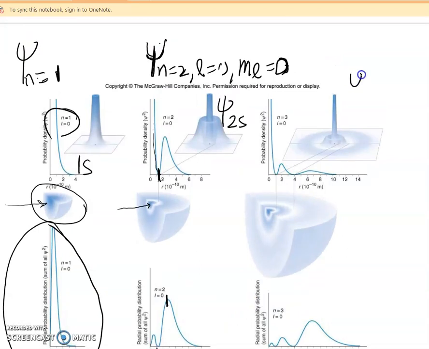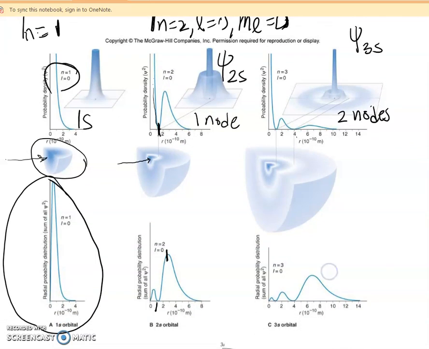So this would be the wave function for our 3s, its radial plot. Again, we have it falling down, it reaches 0, so here we have a node. And you guys probably see there's another node. So we've got 2 nodes for a 3s, and we've got 1 node for a 2s.